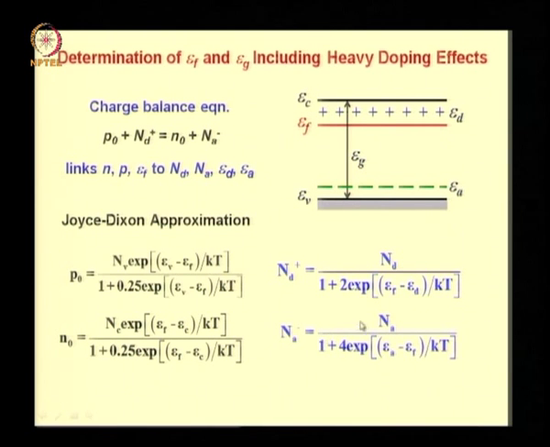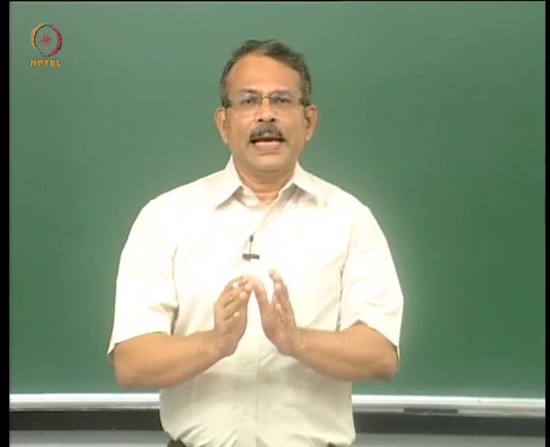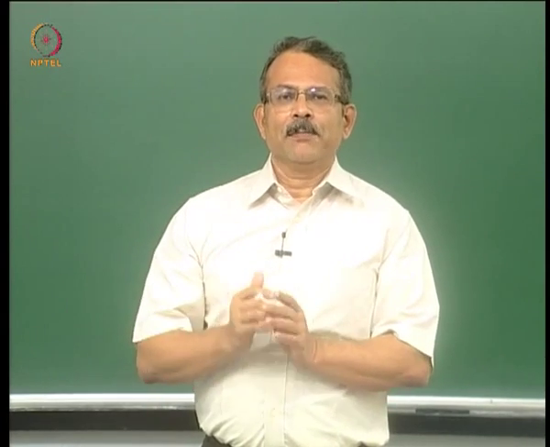Na- is similarly given by Na by 1 plus 4 times exponential Ea minus Ef by kT. Again this 4 is because of the degeneracy factor. So Na- is nothing but Na into the fraction of occupied states at Ea.